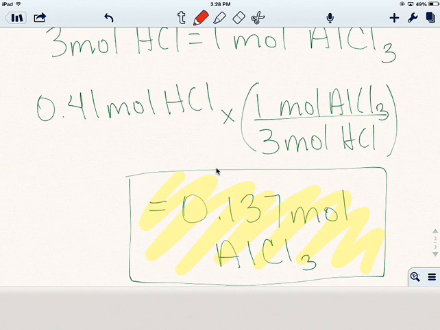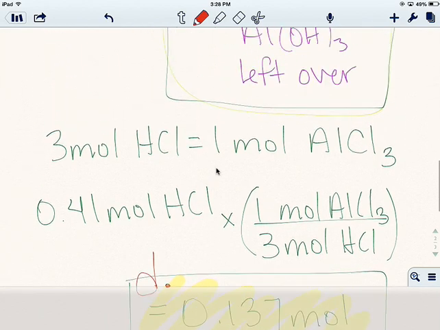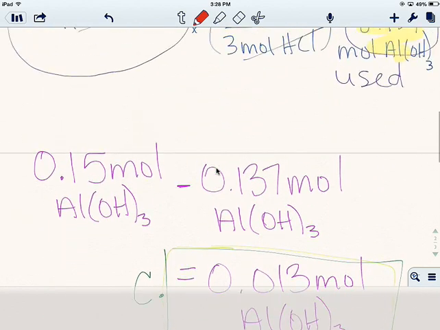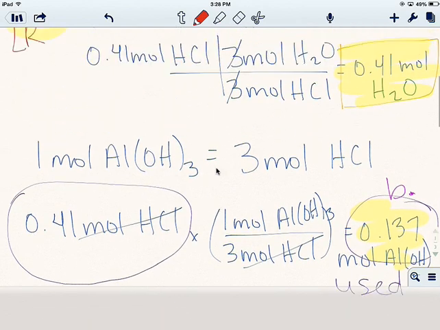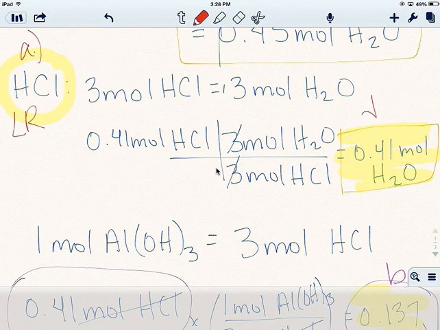Okay, so this answers part of D, because that tells us how much of that product we can make, and we had already, way up here somewhere, figured out that we could make that much water. So there's the other answer to D.